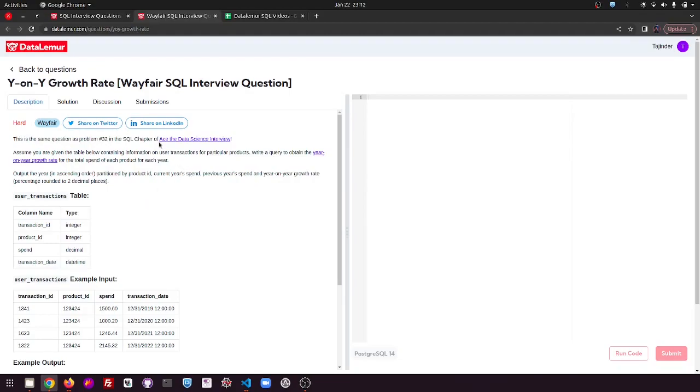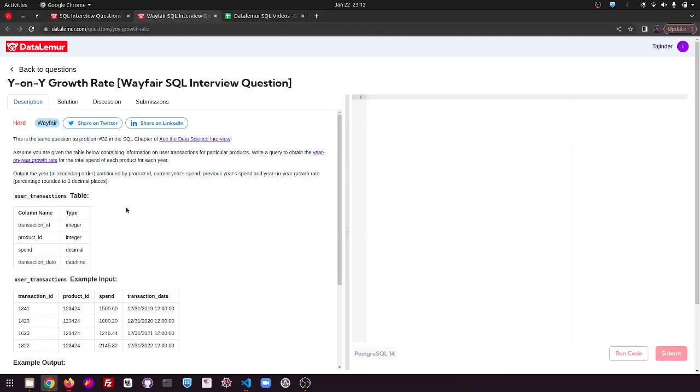Okay, so the question statement is: assume you are given the table below containing information on user transactions for particular products. Write a query to obtain the year-on-year growth rate for the total spend of each product for each year.